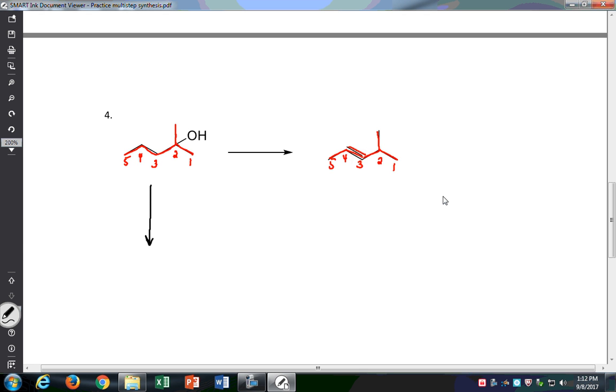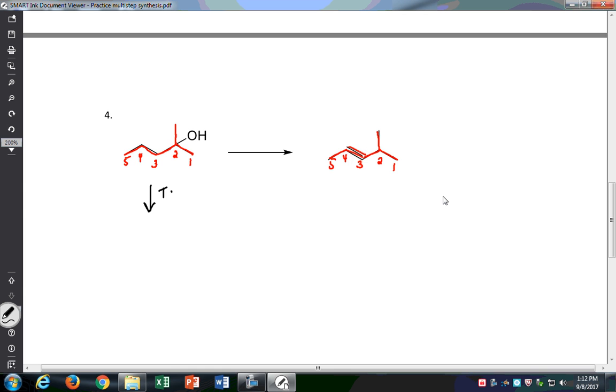So our first step is going to be to tosylate our alcohol to make it a good leaving group. And I'm going to show this as 2 separate reactions, though a lot of times in your book you'll just have a number 1 and then TsCl and pyridine, and then a number 2, your base. To be really clear, I'm showing it separately because you will have to isolate that compound in between, but often the book will group it together.